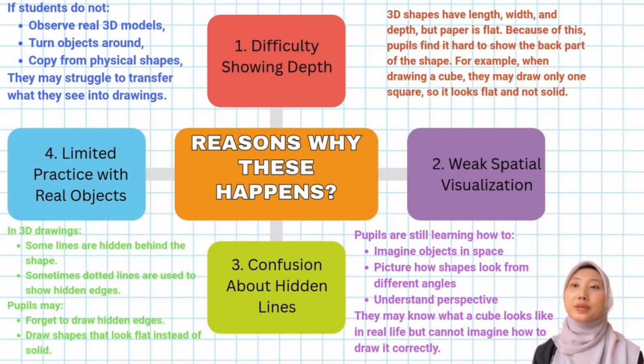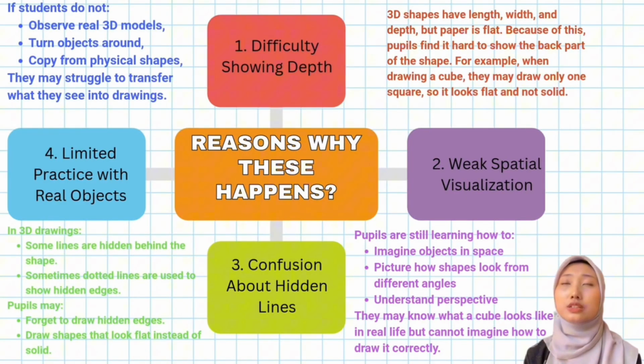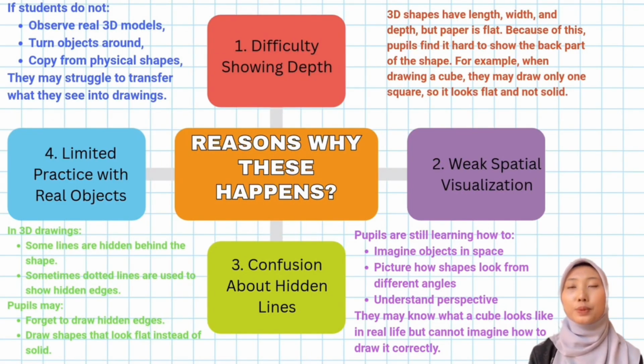Second, pupils have weak spatial visualization skills. Three-dimensional shapes have length, width, and depth, but paper is flat. Therefore, pupils find it difficult to show depth in their drawings. For example, when drawing a cube, some pupils may draw only one square, making the shape look flat instead of solid.